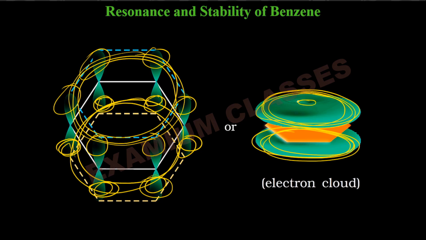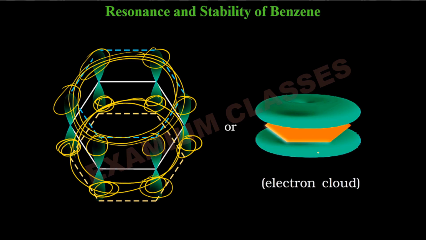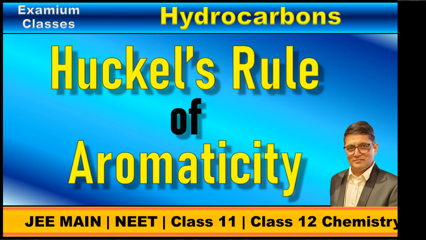In the middle, obviously, the electron density is least, so there is a hole here. Here also there will be a hole, but it looks like we have two disks, one at the top, another one at the bottom. This is the actual shape. This has been found through spectroscopy.